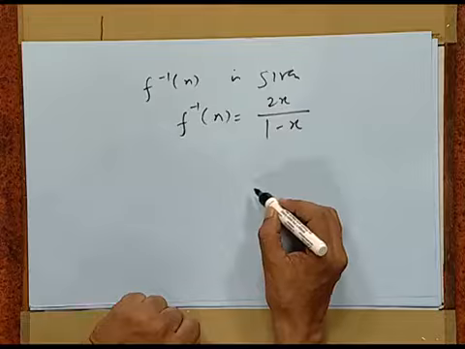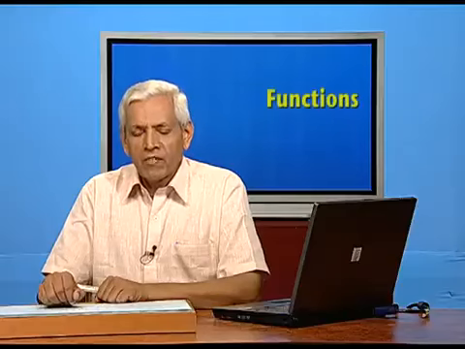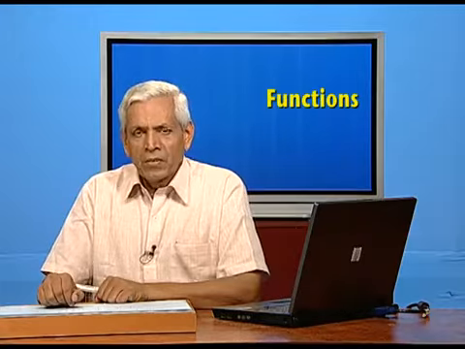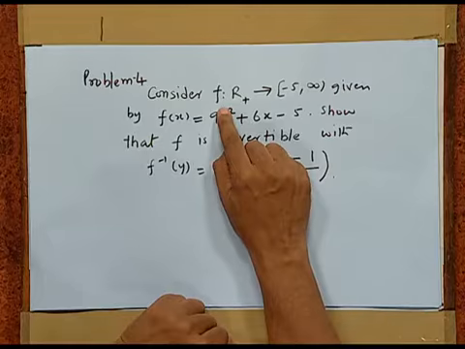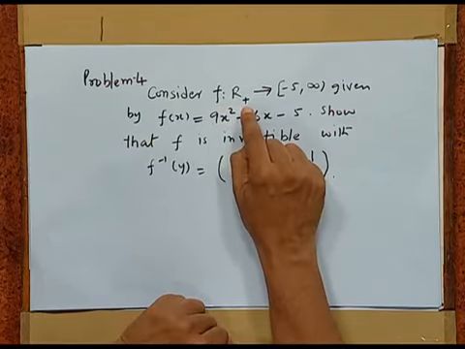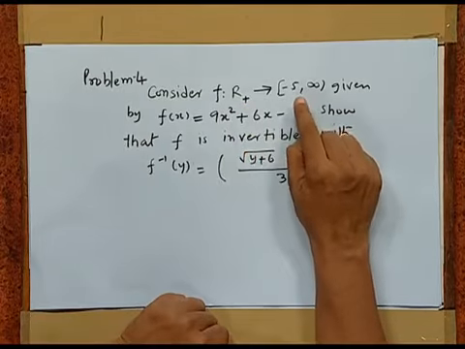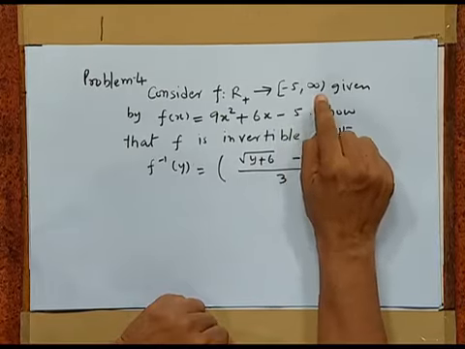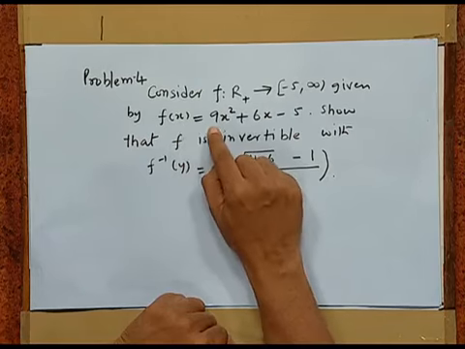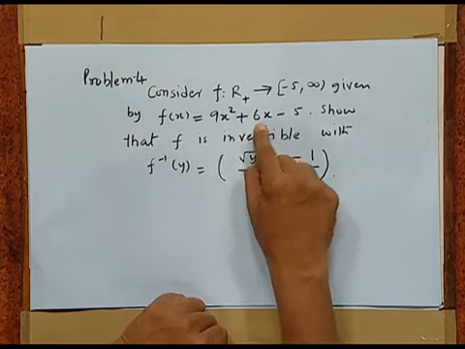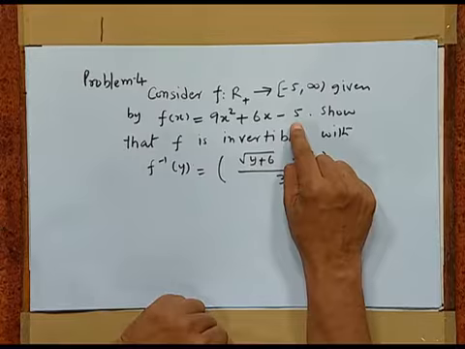So, remember, whenever you find an inverse, make sure the function is one-one as well as onto, otherwise the inverse will not exist. Let us take one more problem. The problem reads: consider the function f whose domain is R plus and codomain is the interval [-5, infinity), given by f of x equals 9x square plus 6x minus 5.